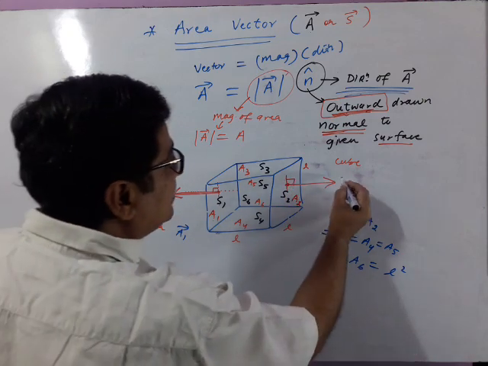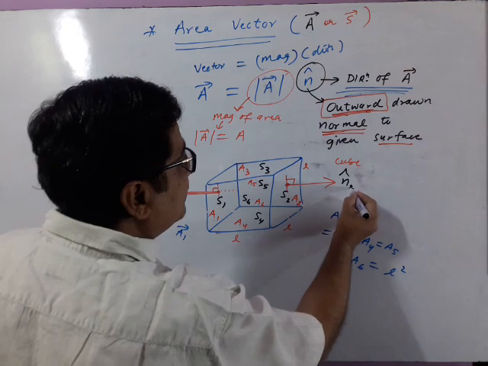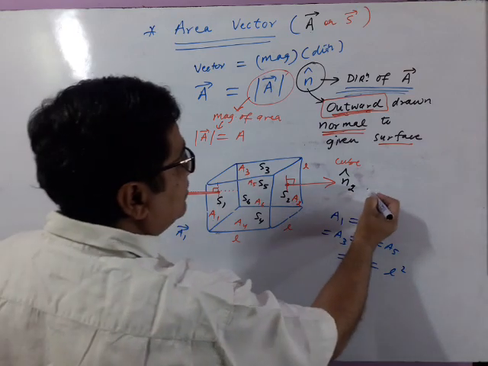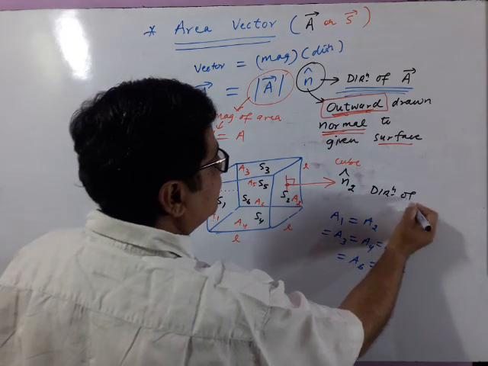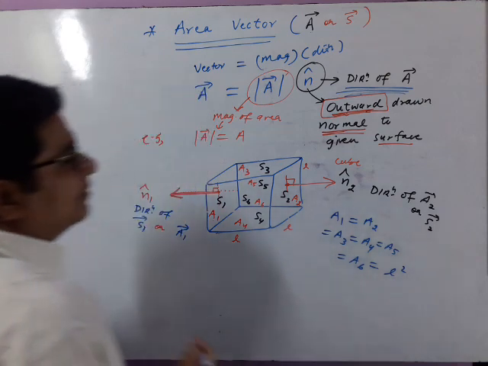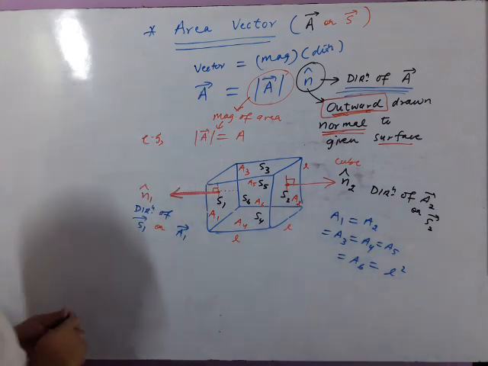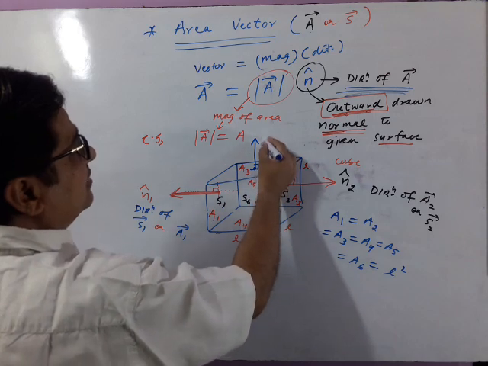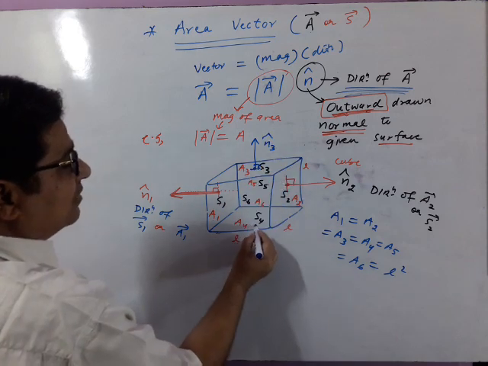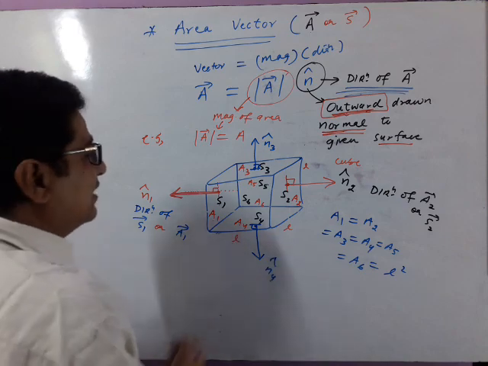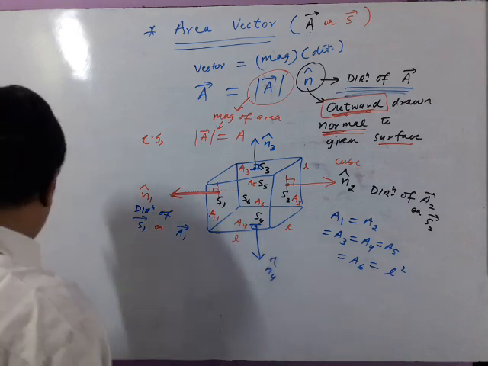So this is n2 cap. Similarly, it will be the direction of A2 vector or S2 vector. Likewise, you can write direction of area 3. This is n3 cap, outward normal. Outward normal for S4 is n4 cap. Similarly for S5 and S6.